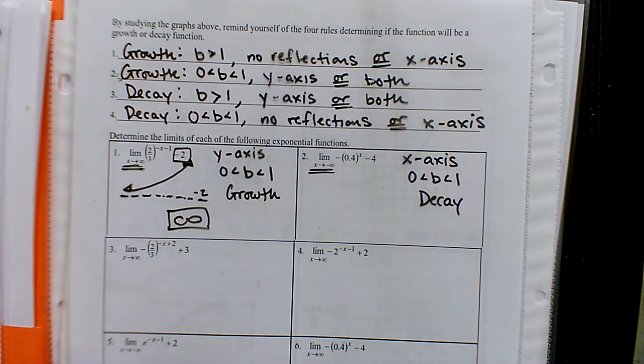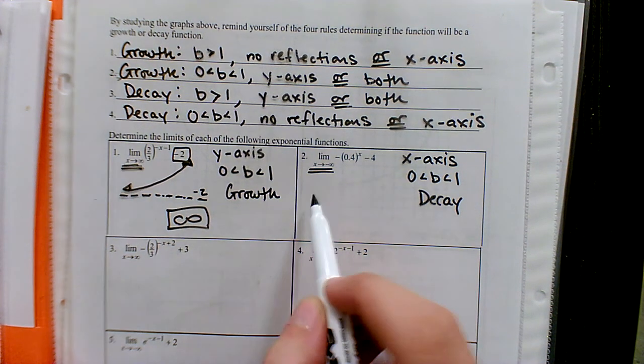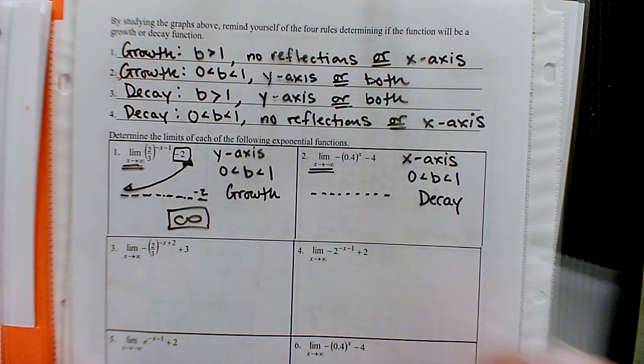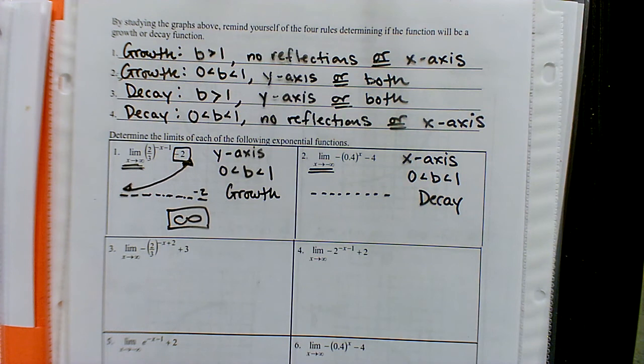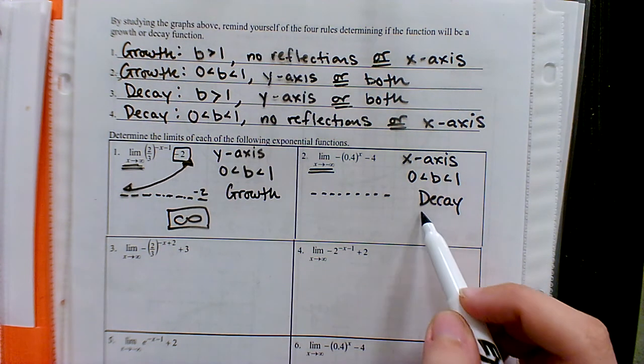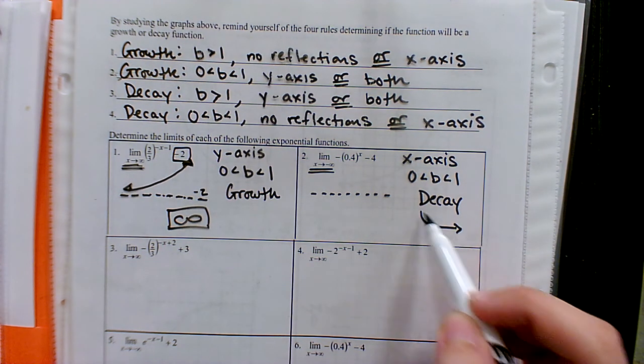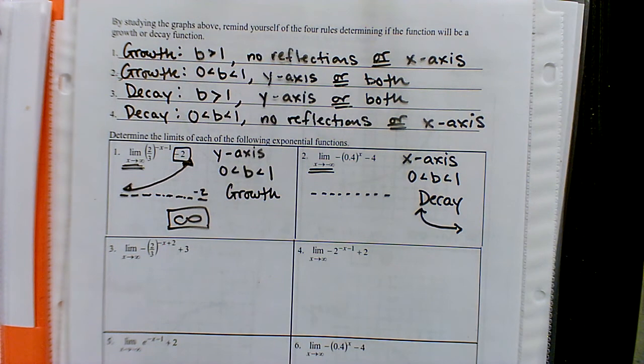Now, notice how this limit is specifically asking us about the left-hand side. So this is the one we have to be careful of, because it's either going to be positive infinity or negative infinity. Let's think about what this graph might look like. Decay starts out high on the left, leveling out on the right.